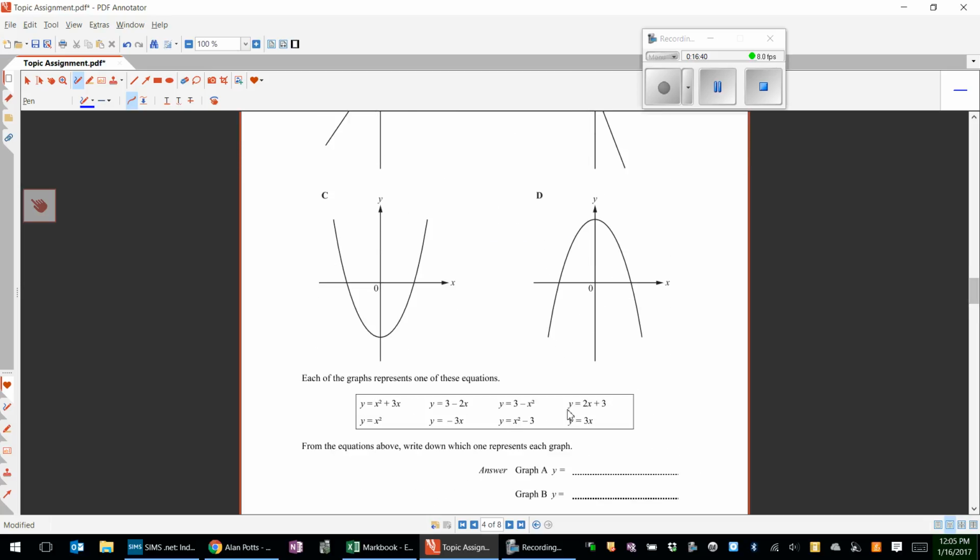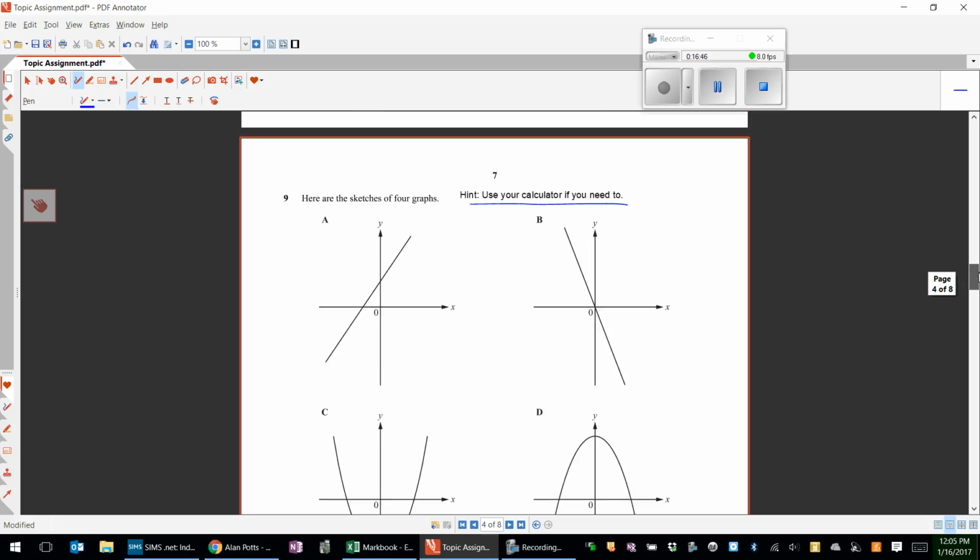However, what we ought to be able to do is we know that these two are linear, so y = mx + c, y = mx + c. This one should have a negative value for m. This one should have a positive value for m.